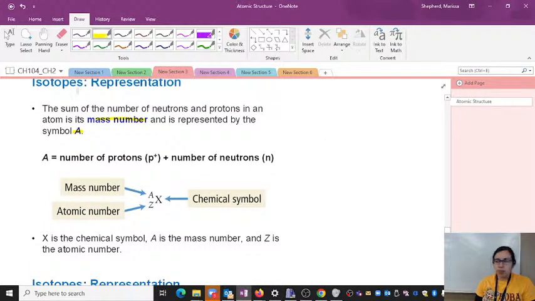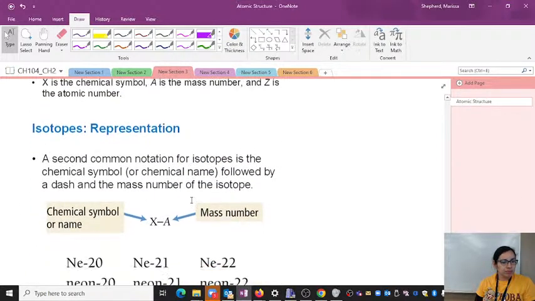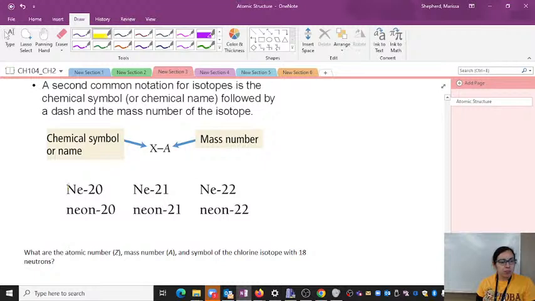And for this isotope representation, we'd have our mass here, atomic number, and then whatever the chemical symbol is. You could also just represent it like neon 20, neon 22, something like that. Or like I had the abbreviated, 21 neon.